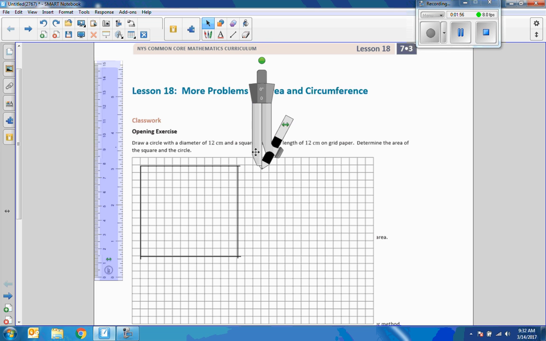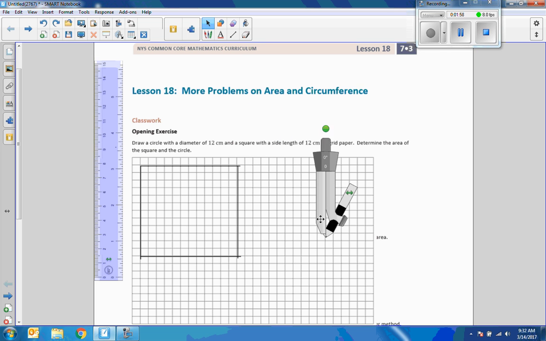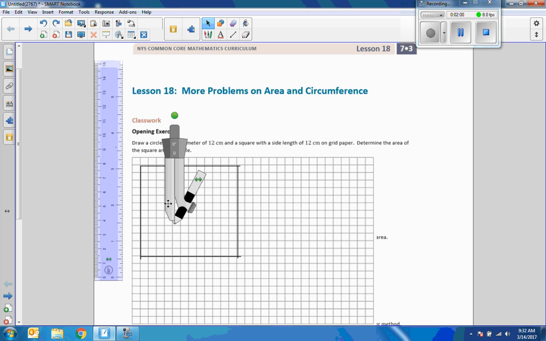Now I'm going to draw a circle whose diameter is 12. So let me just bring this over to here and open this up to here.